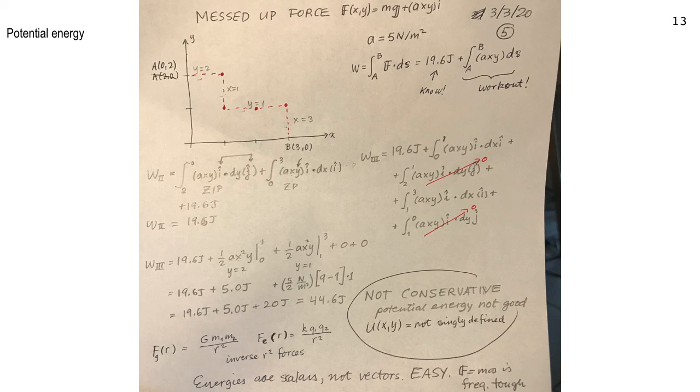They're not vectors. And therefore, they're easy. And in fact, F equals ma is frequently kind of tough to work with. So vector F equals m times vector A. That's frequently tough to work with.